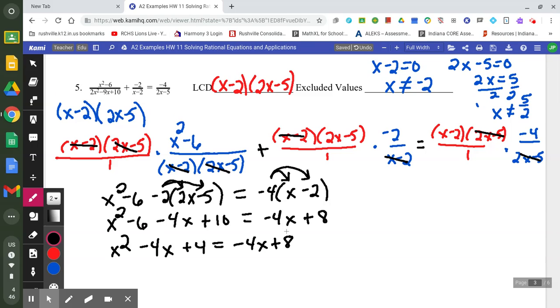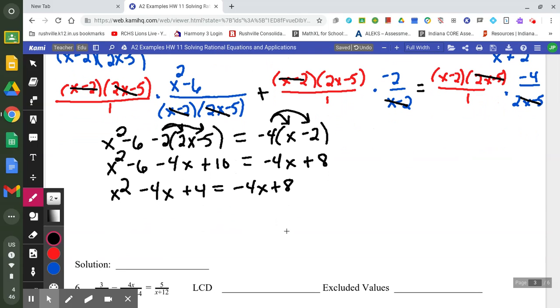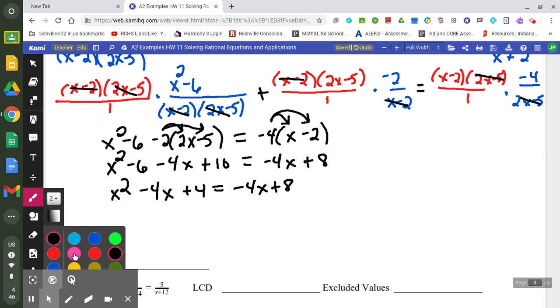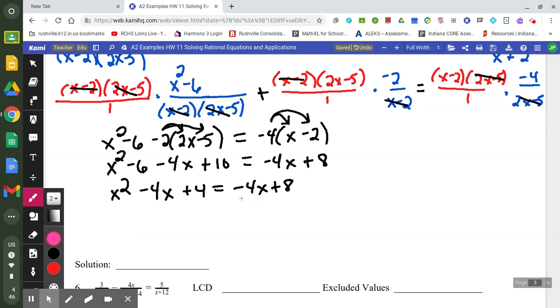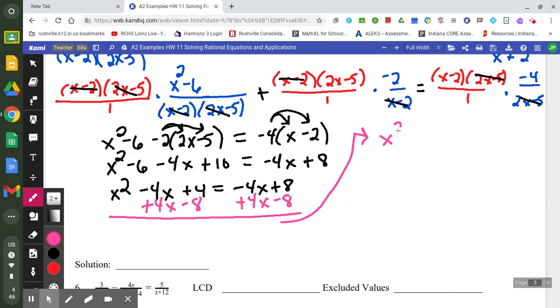Because I have a squared term, I need to get my equation equal to 0. So I'm going to add 4x and subtract 8 on both sides of the equal sign. And that is going to leave me with x squared minus 4 equals 0.